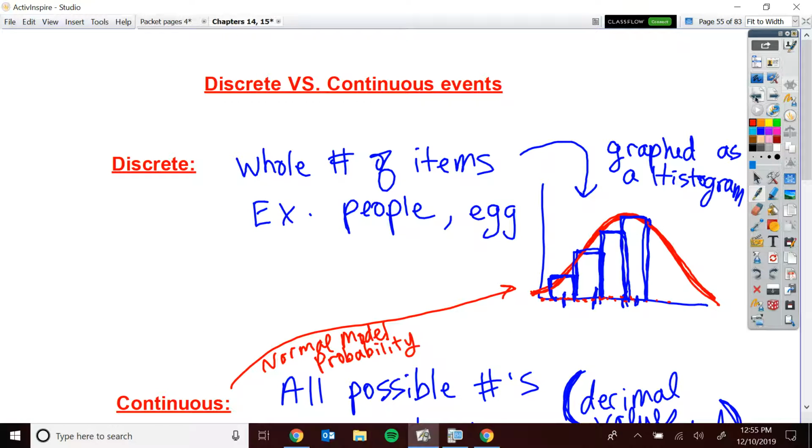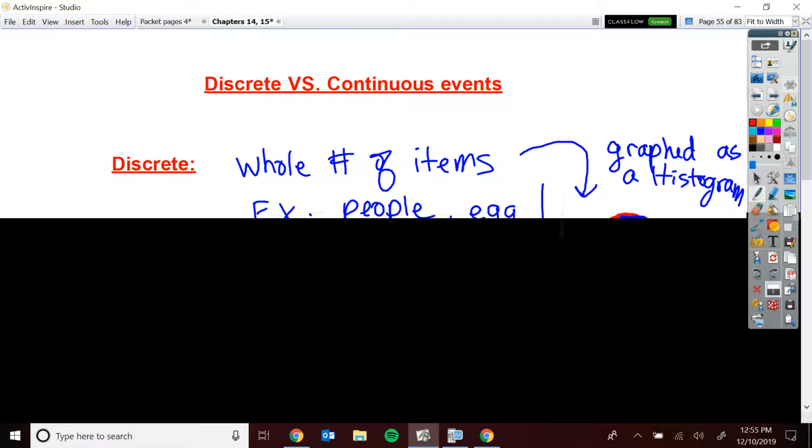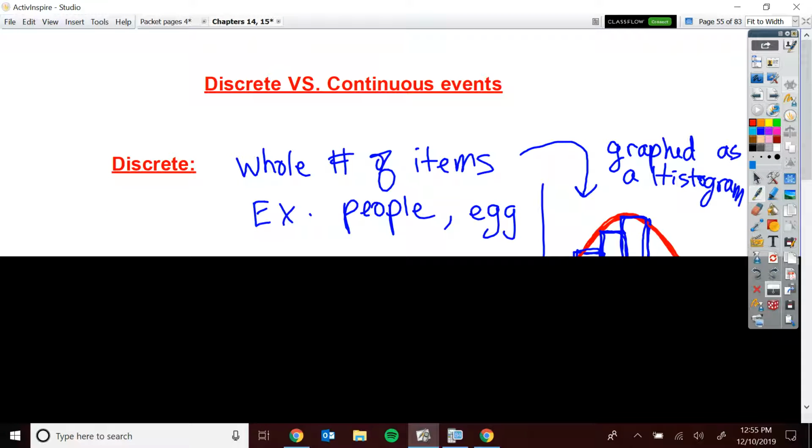All right, so let's go ahead. This first thing I want to discuss with you, you don't have in your notes page, but I want to first mention this stuff called discrete versus continuous. Discrete probability, this is what we've been doing recently. It is finding the probability of whole number events, like the probability of having 3 people that meet this criteria, the probability of getting exactly 6 eggs amongst the dozen that are whatever.